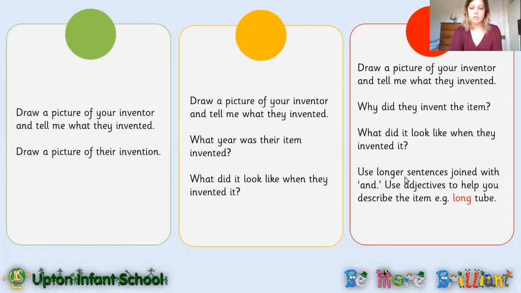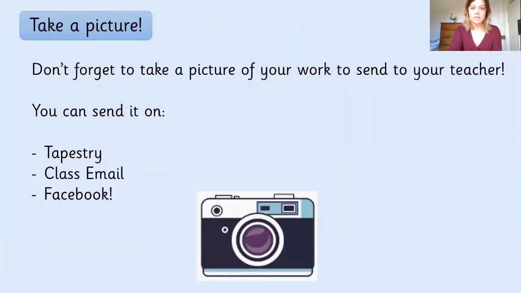You can use longer sentences joined with and as well to help you describe it, and you can use adjectives to help you describe the item. So I talked about how the first telephone had a long tube to speak into, so my adjective there is long. Okay, so this should take you about 20 minutes.